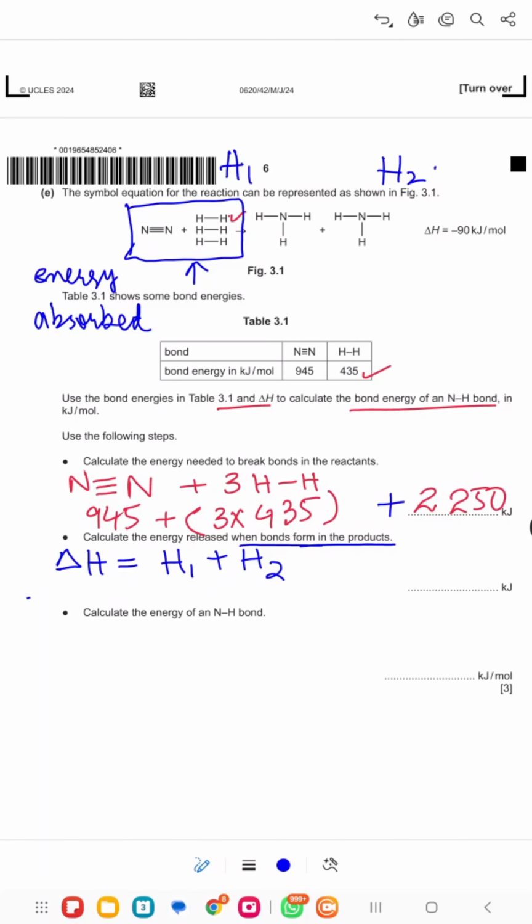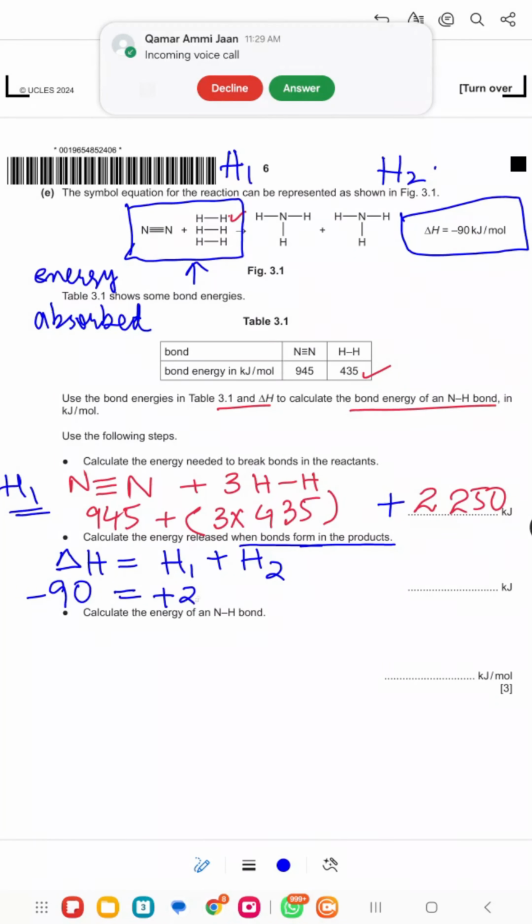We have the value of delta H, that is minus 90, given here. And H1, the heat energy of the reactants, is plus 2250, plus H2. This one is the amount which we have to calculate.